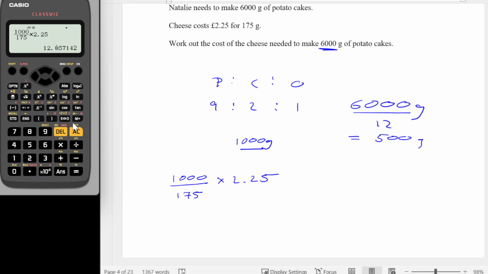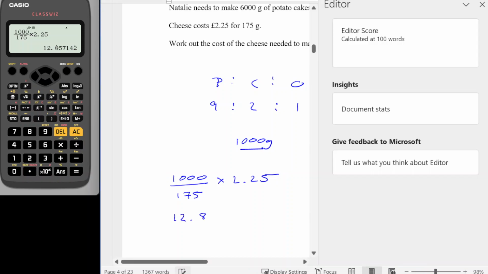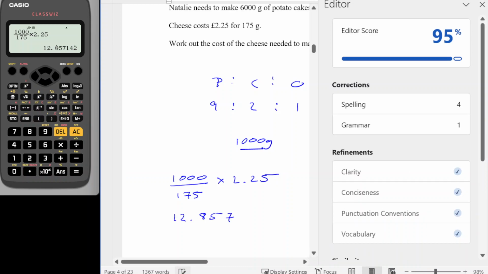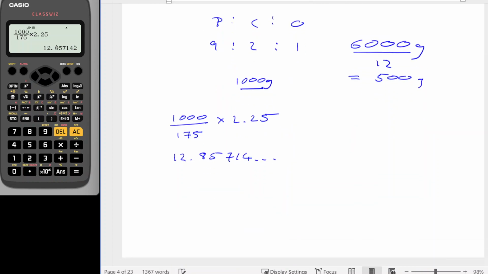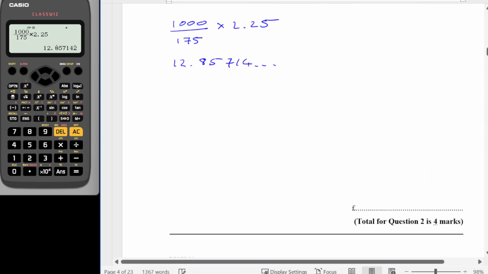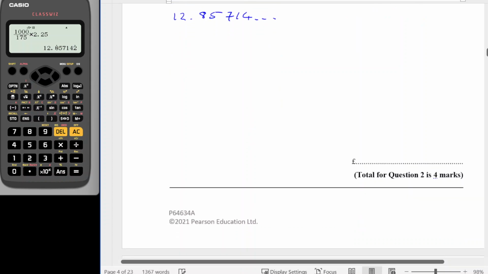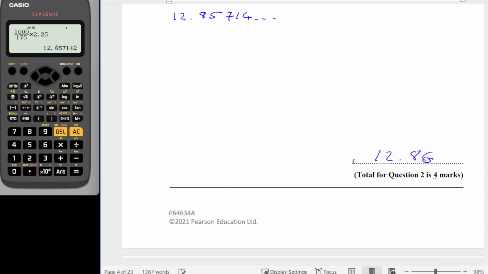So as a decimal, that's going to be 12.857 and so on. So work out the cost of cheese. I'm going to go £12.85. Sorry, £12.86 would be my price.